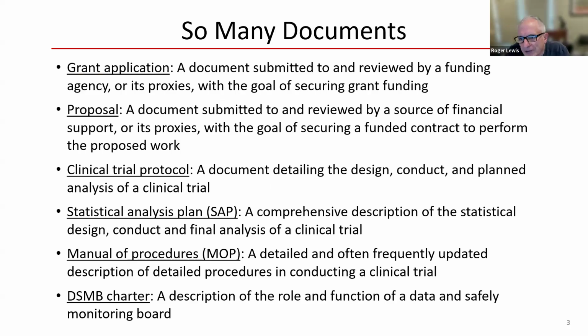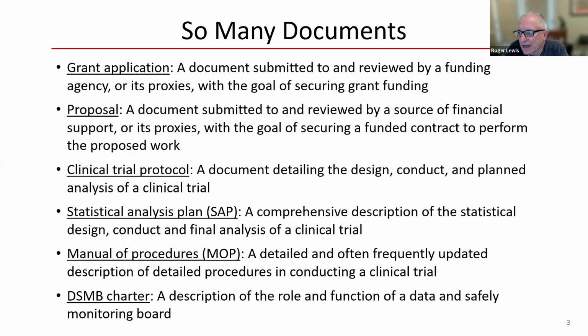So there are lots and lots of different documents that may be required to get support and to run a clinical trial. These documents have different purposes, and not all may be required depending on the details of your trial. First, if you're trying to get funding from a granting agency, then obviously there's a grant application, a document that's submitted to and reviewed by funding agencies.